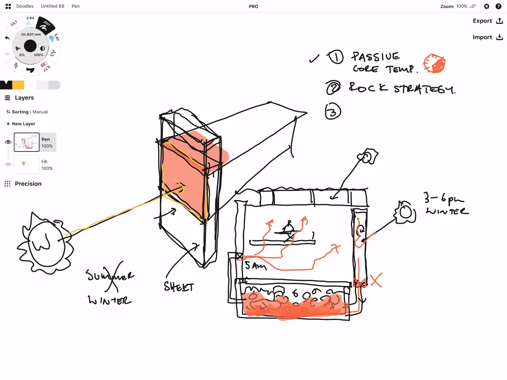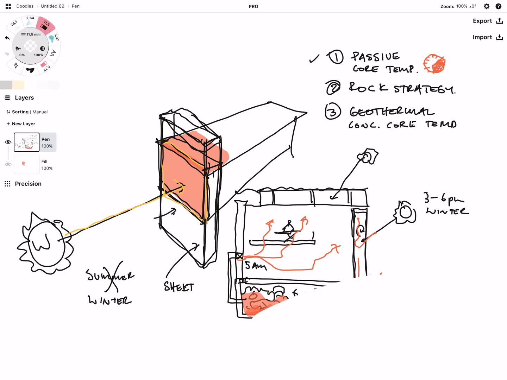3. This is a geothermal concrete core tempering. Let's delete that.